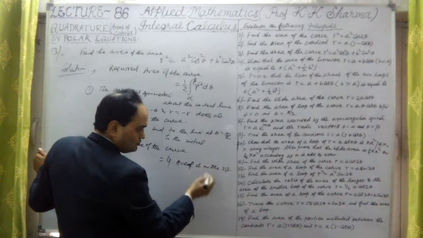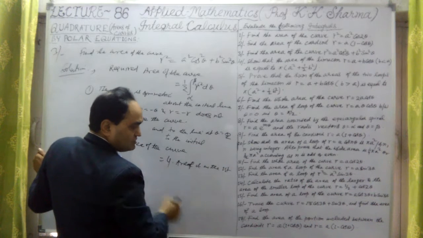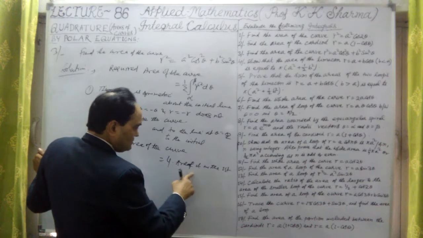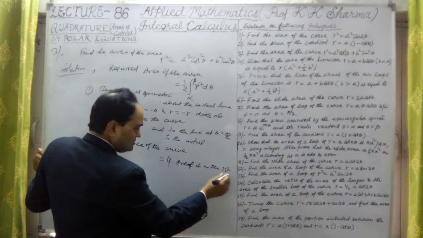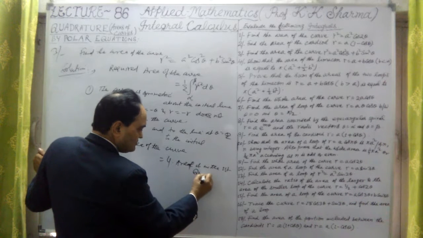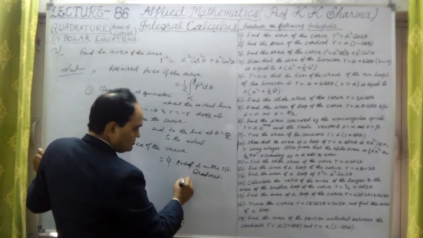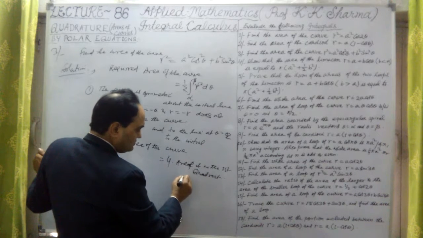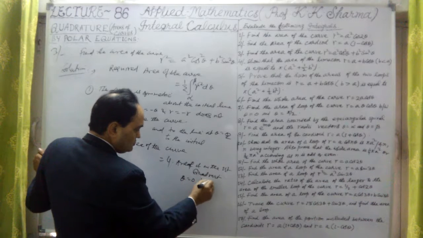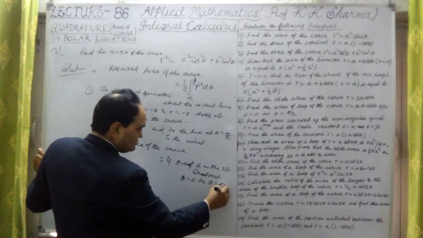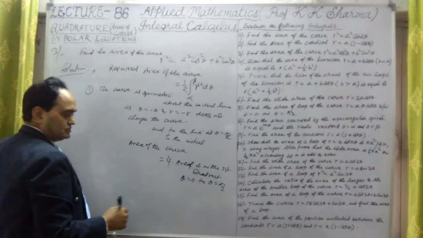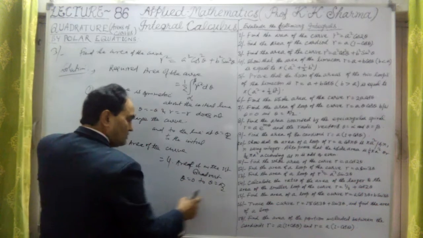There are four quadrants, and the curve will be in all 4 quadrants. The limits will be from theta equal to 0 to theta equal to pi by 2 in the first quadrant.